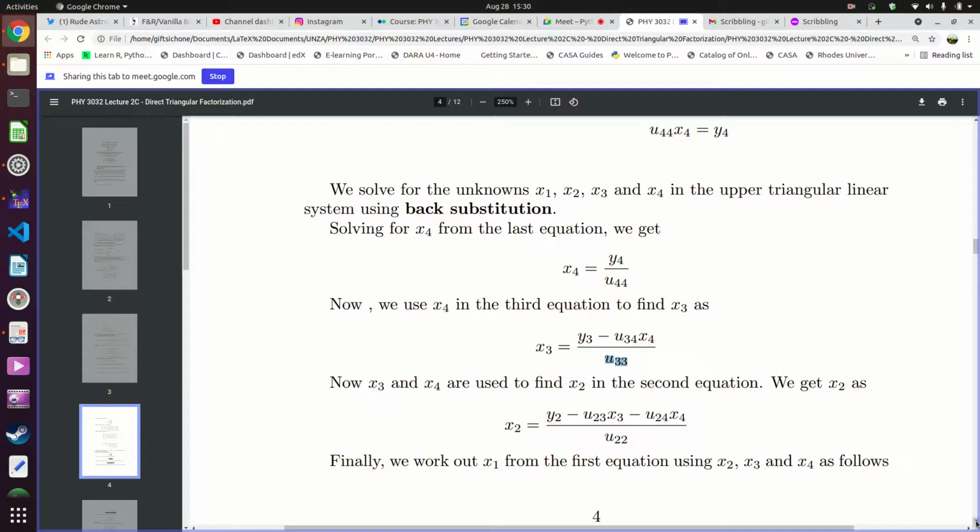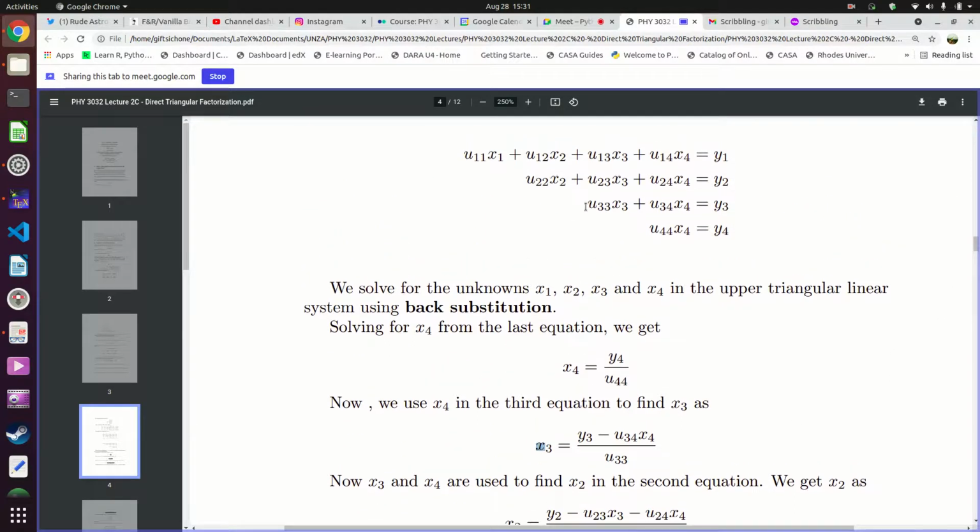It's clear, sir. Okay. Then with x4 and x3 having been found, we can use the values of x4 and x3 to find x2. So here we are finding x2 from our second equation. These guys here, we transfer to that side, so we end up with u22 x2 equals y2 minus u23 x3 minus u24 x4.